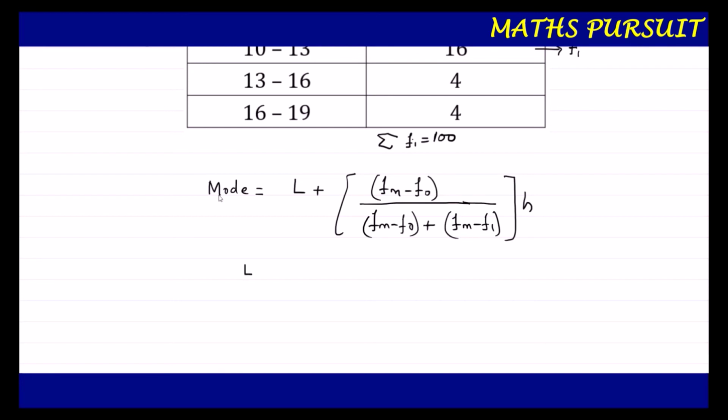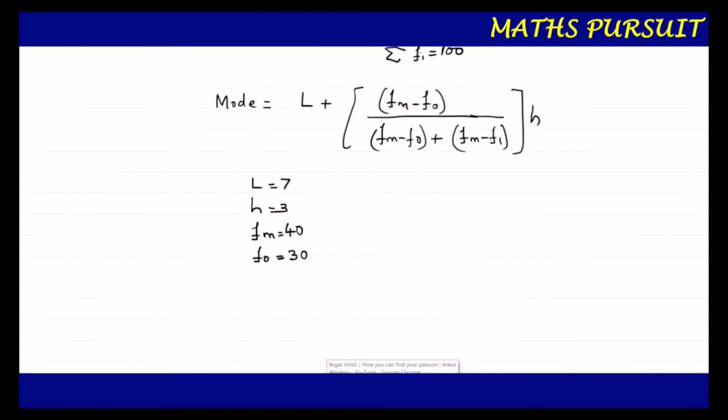L is equal to 7, class height is equal to 3, modal frequency Fm is equal to 40, the preceding frequency F0 is 30, and finally F1 is 16.